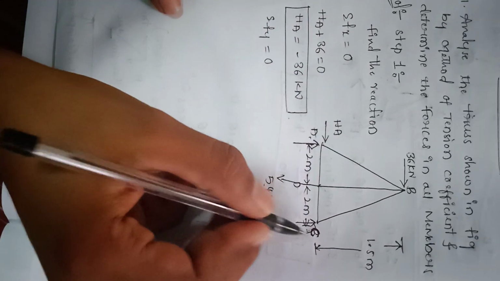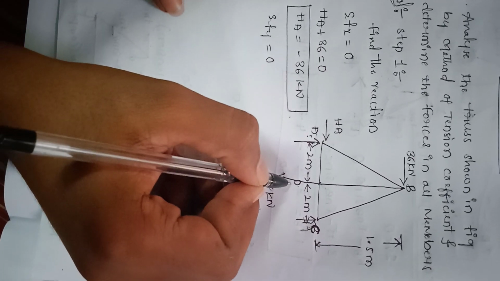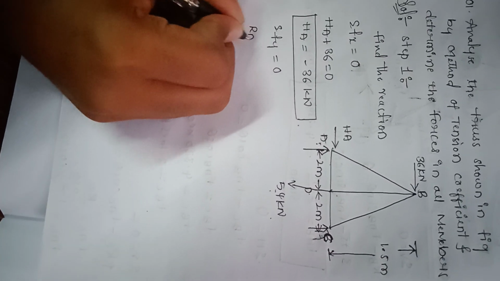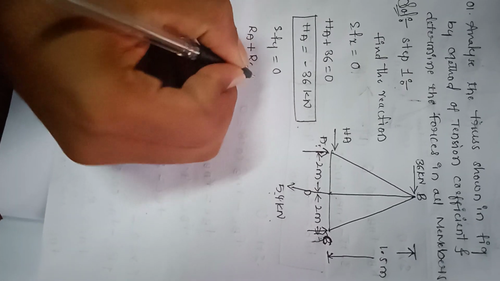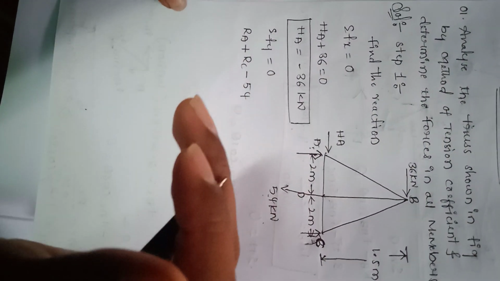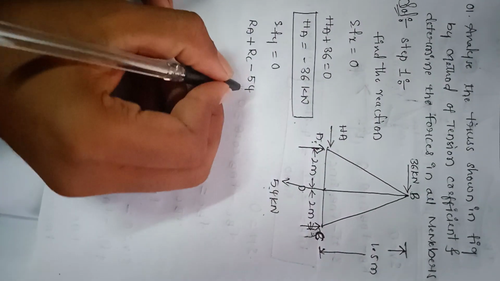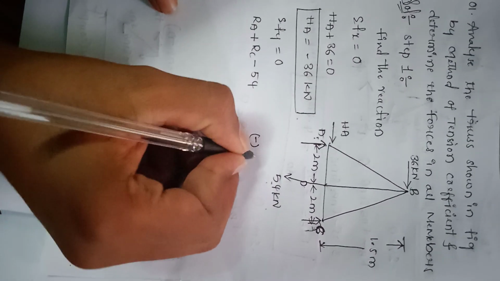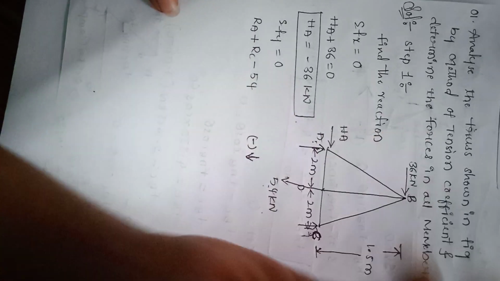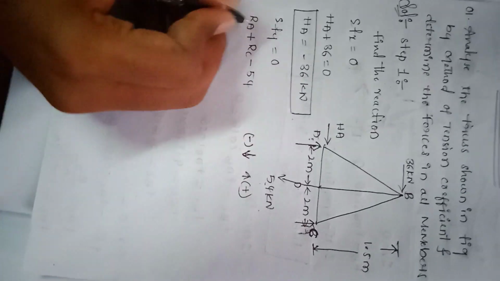Next, the sum of vertical forces is equal to 0. How many vertical forces are there? RA, RC, and the one at D. Therefore RA plus RC minus 54, because it is acting downwards. Forces acting downwards are considered negative, and forces going upwards are considered positive.